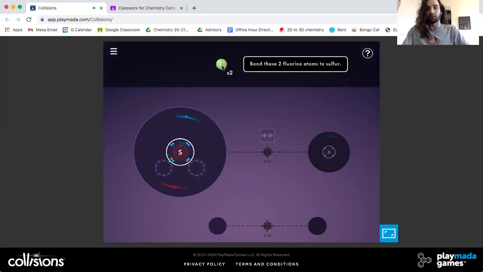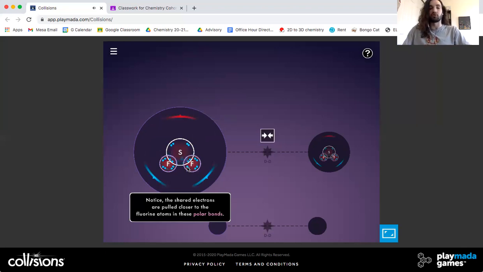All right, now we got fluorine atoms. If we looked up the electronegativity values on the periodic table, we would know that fluorine, if you remember, has 4.0. It's the strongest it can possibly be. That means sulfur is definitely not going to be as strong as it. So fluorine wants the electrons more. Down here we see blue for the negative electrons and red for the positive side. Remember, protons are positive, and we drew protons as orange or red.